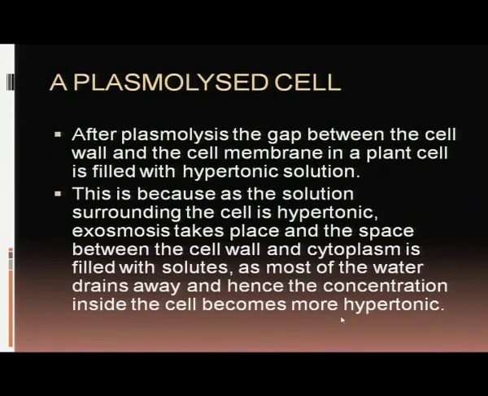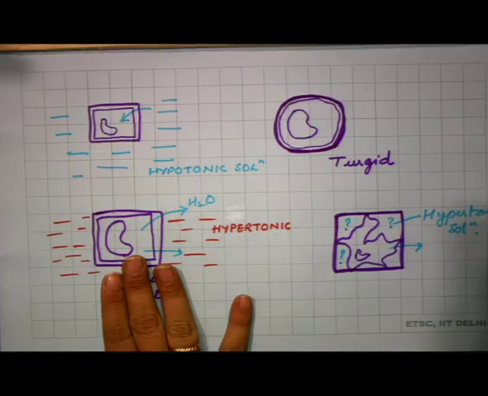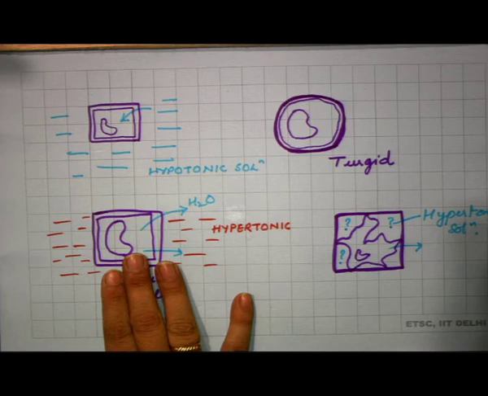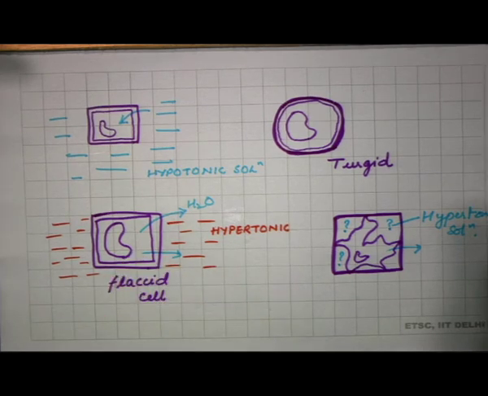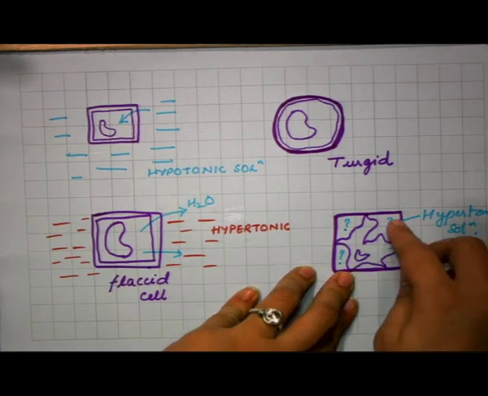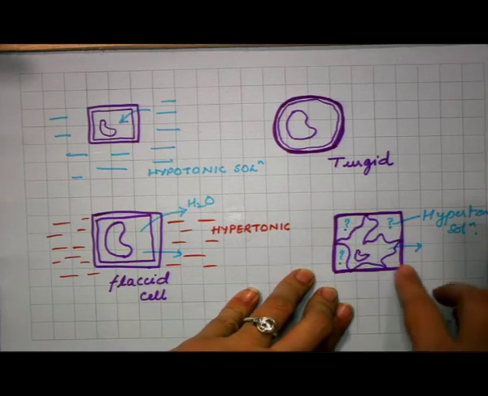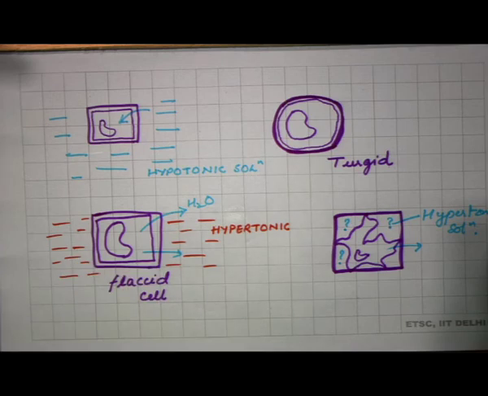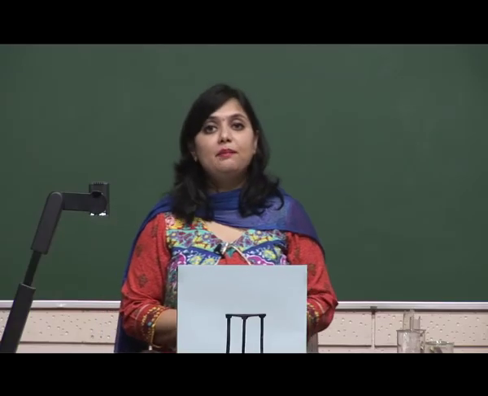Earlier, in the original flaccid cell, there must be some amount of solutes also, right? The solution was hypertonic, okay, but the cell must be having its own solutes also. Now, these solutes remained behind while the water moved out. As a result, the places are now occupied by the solute and they are highly hypertonic.